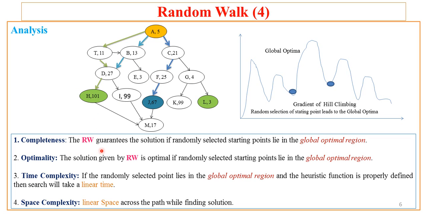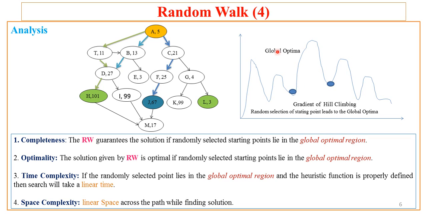So regarding completeness, the random walk guarantees the solution if the randomly selected starting point lies in the global optimal region. For example, if this is the gradient of the hill climbing, then a randomly selected point between this particular gradient, this region I call the global optimal region. So in this region, if any point is selected, that will lead to the global optima.